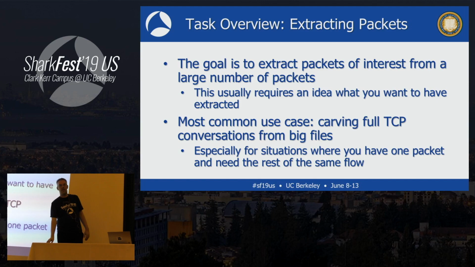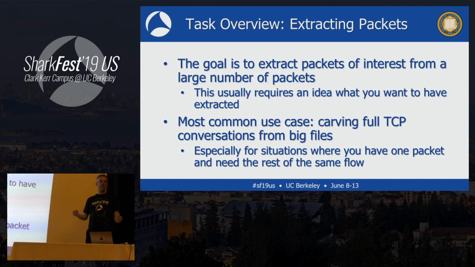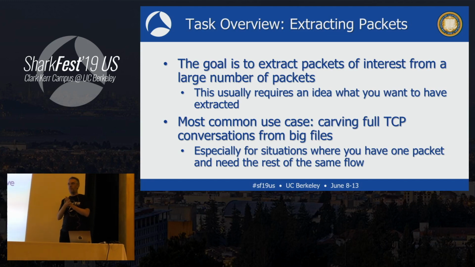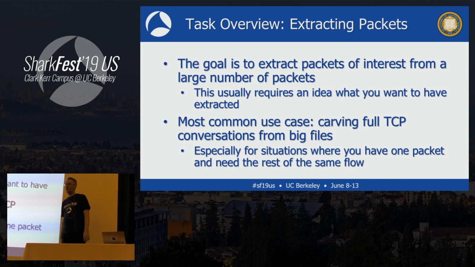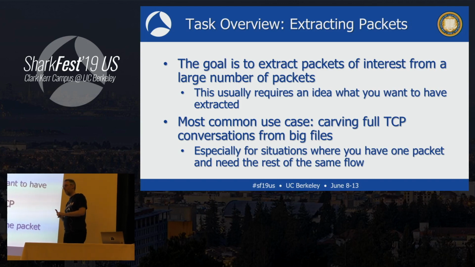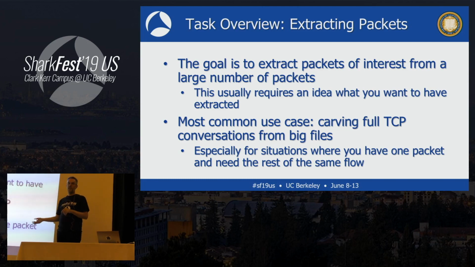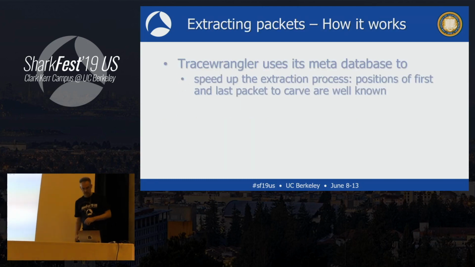So let's say I have 100 gigabytes of capture files and I need to see one single conversation. The problem is the conversation starts in the first and ends in the last file. Yeah. What do? I could run a TShark job and carve that stuff manually with Wireshark tools, but what I usually do is I use TraceWrangler and just throw the stuff in there and extract it. And I will show you how that is done.